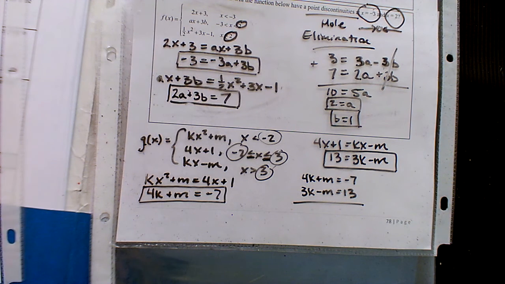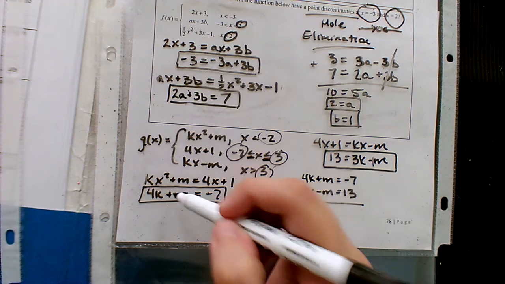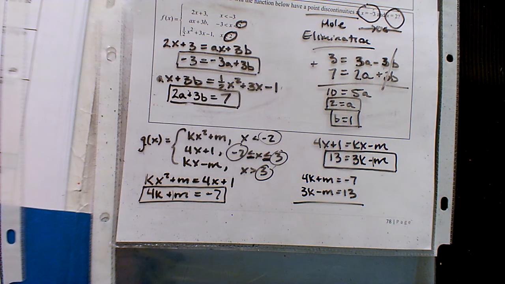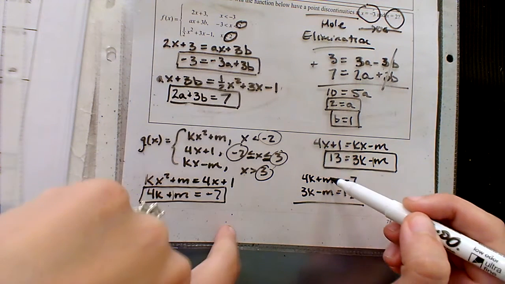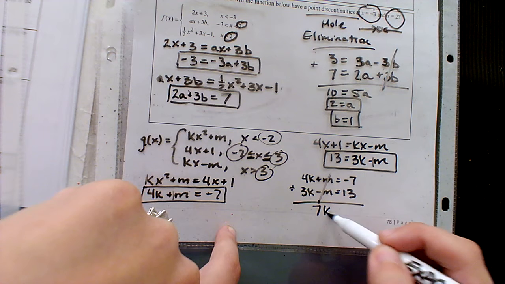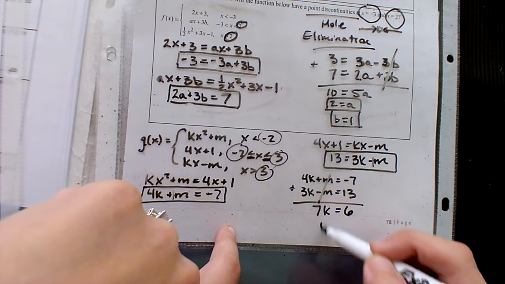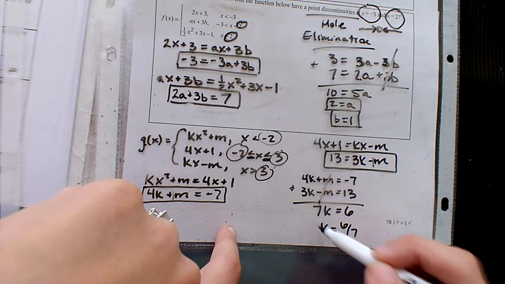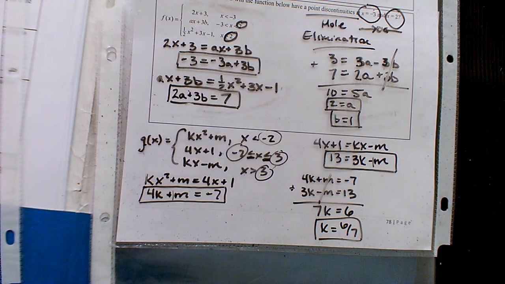Since the M coefficients are 1, substitution really would have worked well also, because you could just move something over. So either way, it still should have worked out nicely. In my elimination method, the M's go away. We can add everything else. 7K would equal 6. So K would be 6 sevenths.